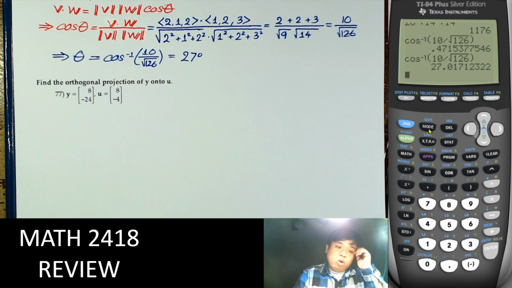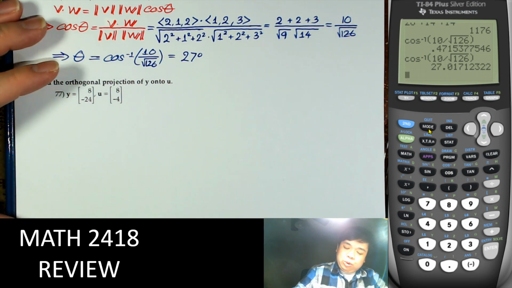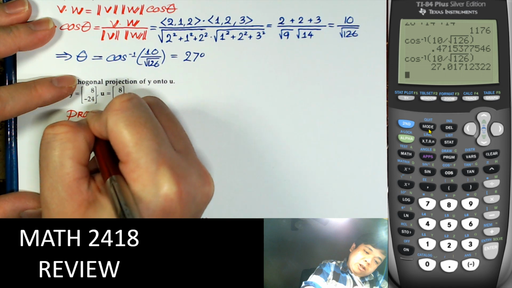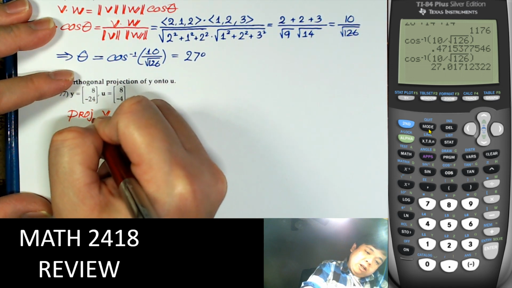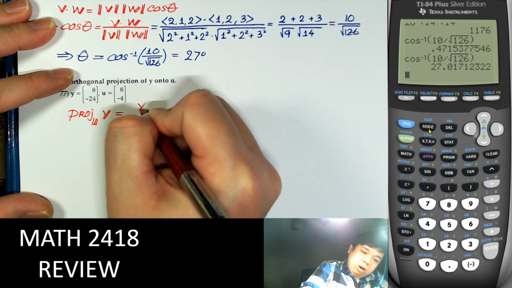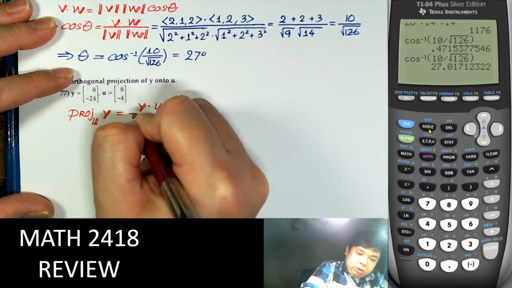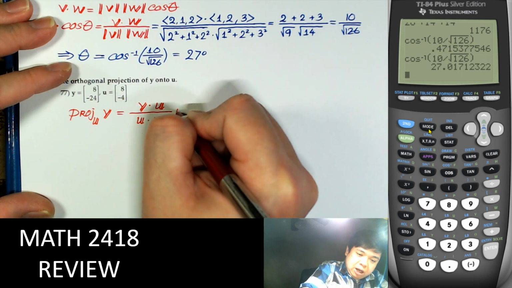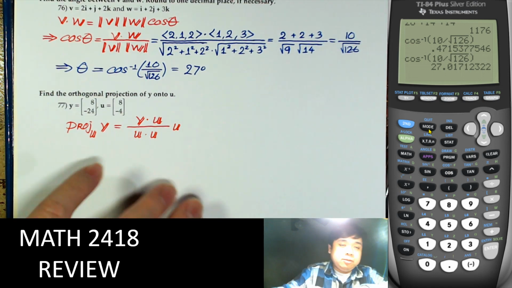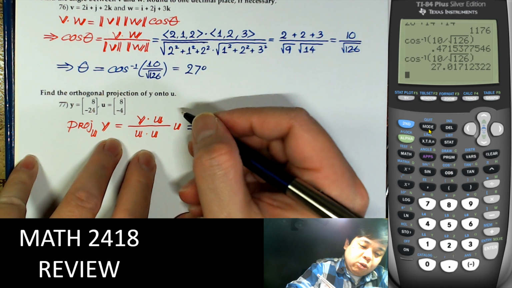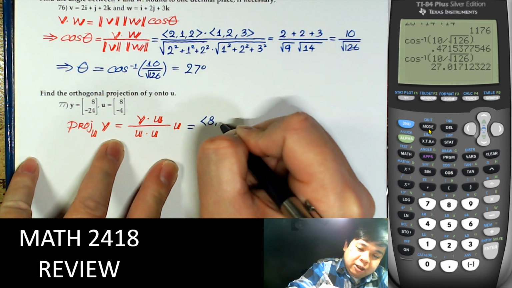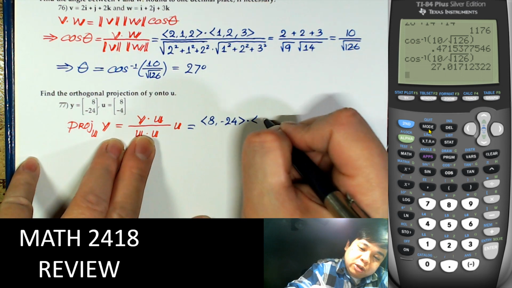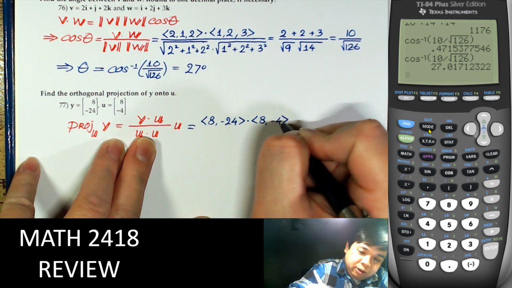Find the orthogonal projection of y onto u. So the projection of y onto u is equal to y dot u over u dot u times vector u. Vector y is 8 and negative 24, and vector u is 8 and negative 4.